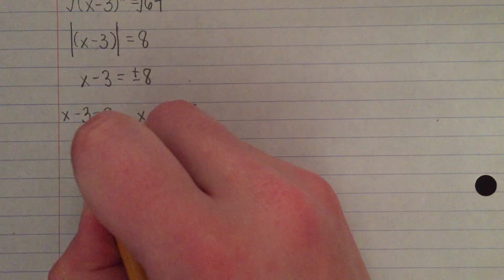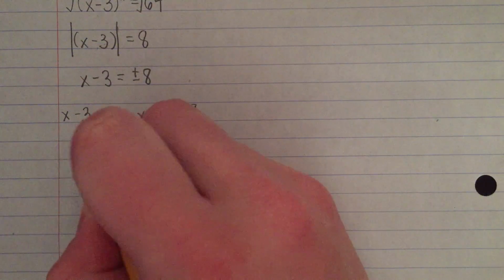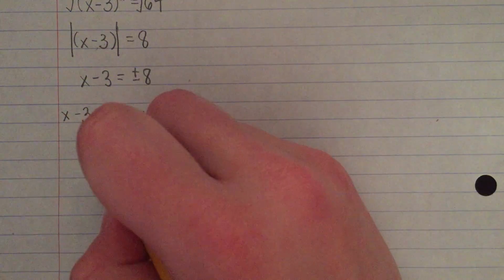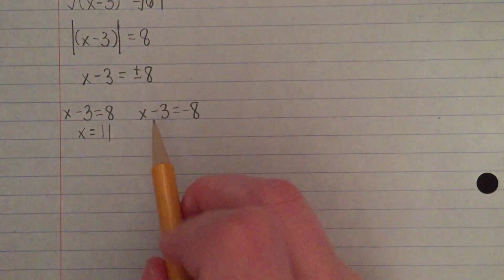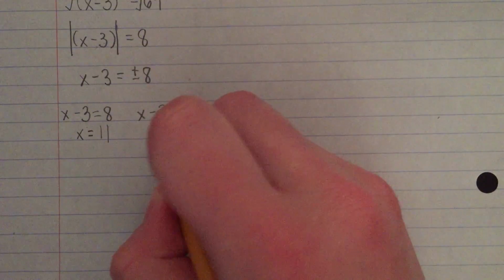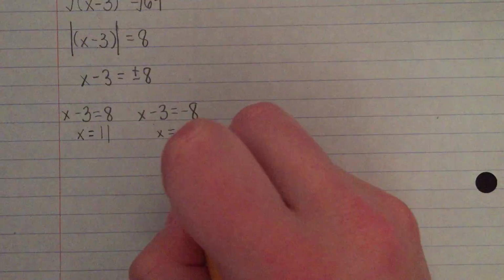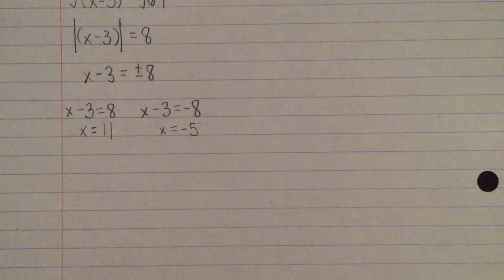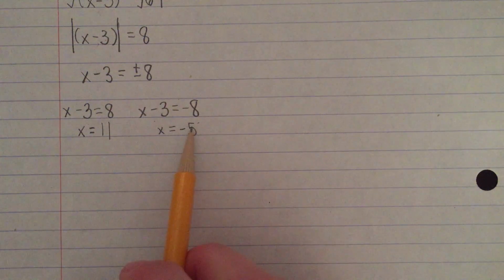So here, add 3, you get x equals 11. And on this one, when you add 3, you get x equals negative 5. Okay, before you box either of these, you need to check it by plugging it back into the original equation.